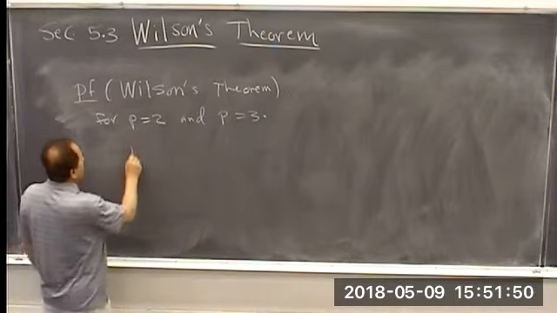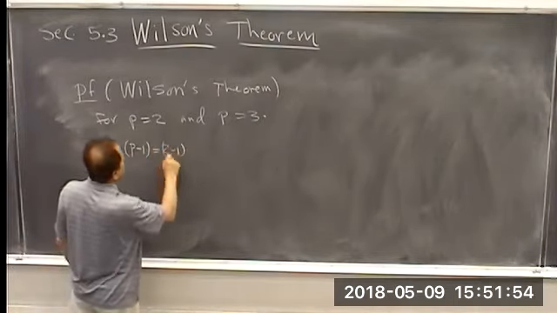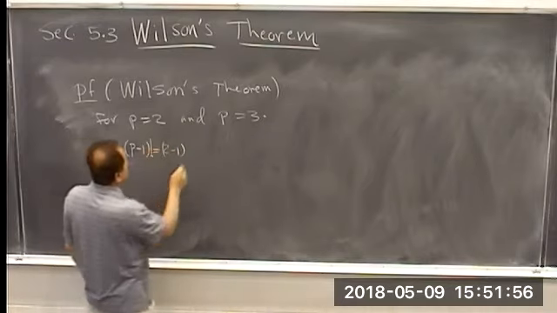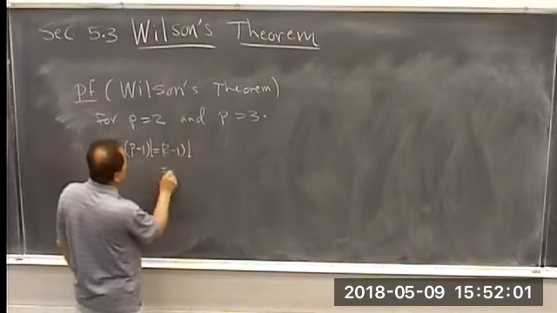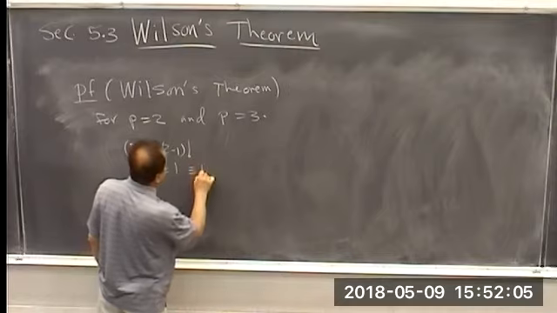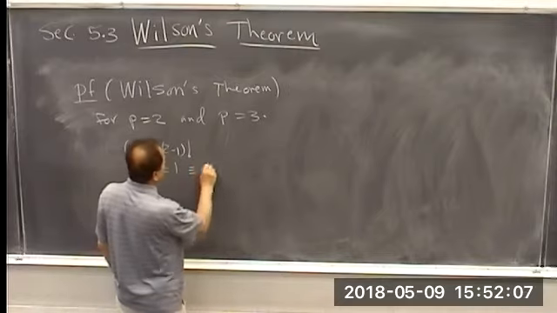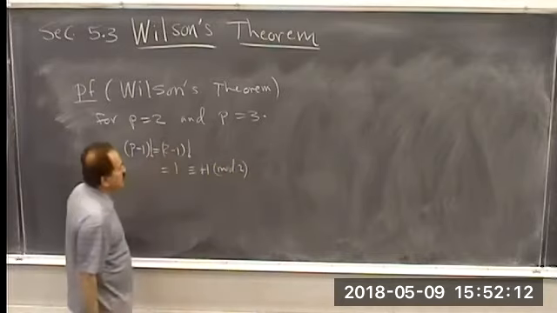So we have p minus 1, which is equal to 2 minus 1, factorial. This is equal to 1, and this is of course congruent to negative 1 mod 2. So in other words, the statement is true.